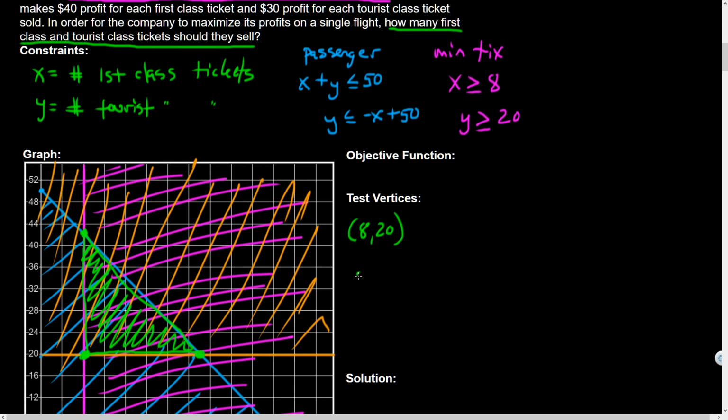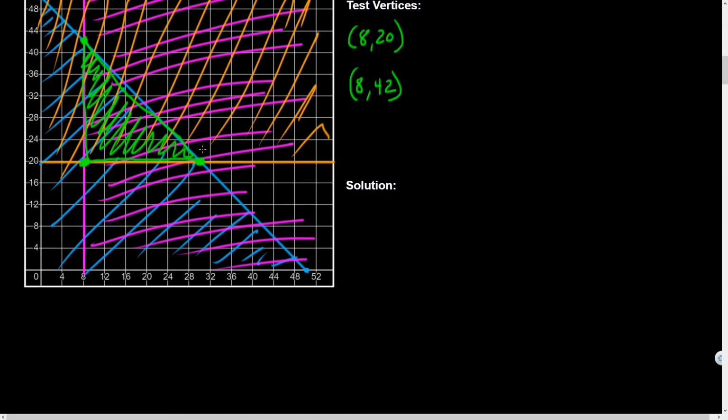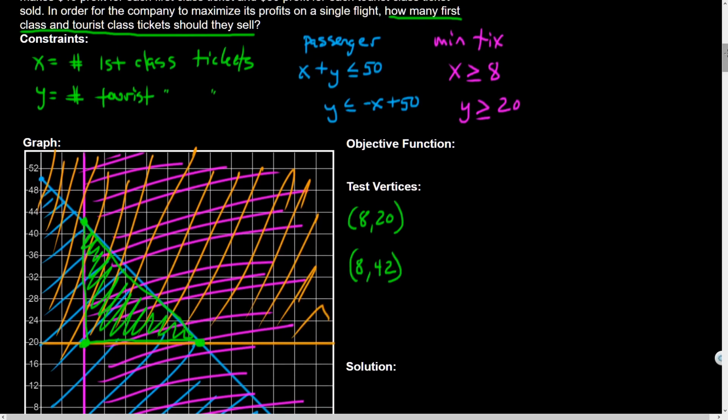It is 42. So 8, 42 is another one. And this point, it looks like it's 30. Or actually, I know Y is 20 for that orange line. And if I plug in 20 for Y and then subtract it from both sides, yes, X is 30.